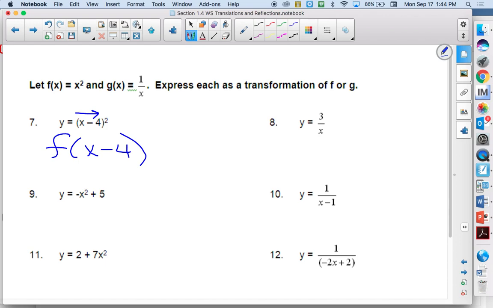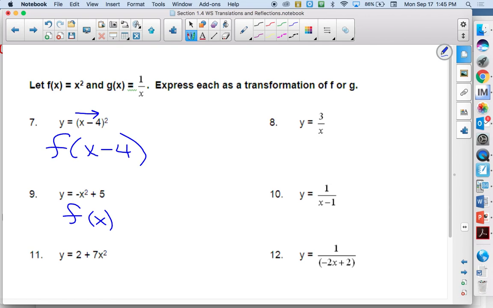So if you look at number 9, if there aren't parentheses, don't put it with x. If there are parentheses, then it needs to stay with x. Again, it's x squared, so we need that f. There are no parentheses in this problem. So x is all by itself in the parentheses.